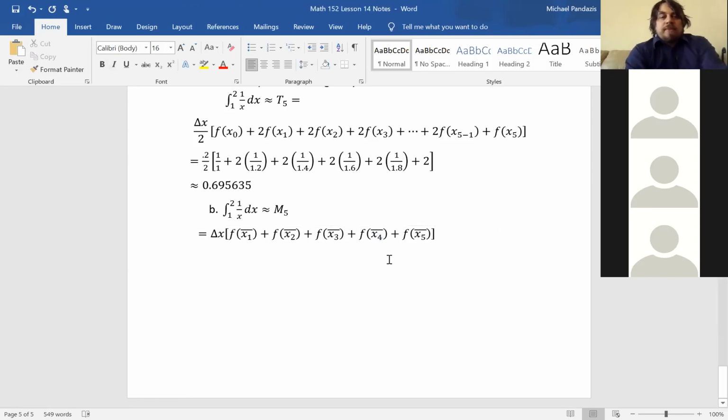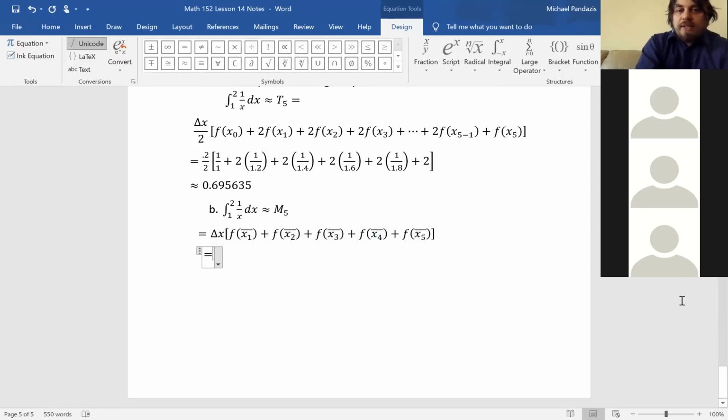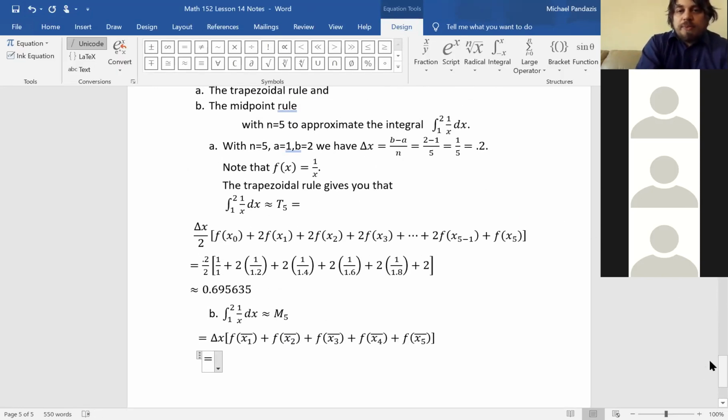Okay, so now you have that because n is 5, you have delta x times the sum of the values of f at the midpoint of every subinterval. Well, we found already before the value of delta x, right? So we found delta x was equal to 0.2. Delta x equals 0.2, and so we have 0.2 here times the sum of the values of f at the midpoints of those subintervals.